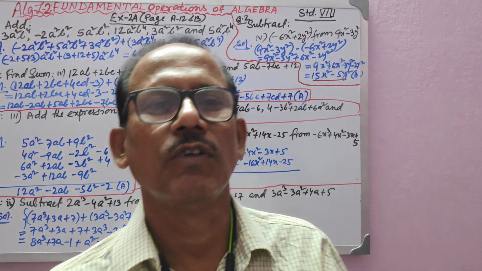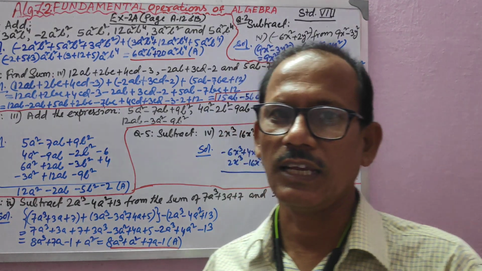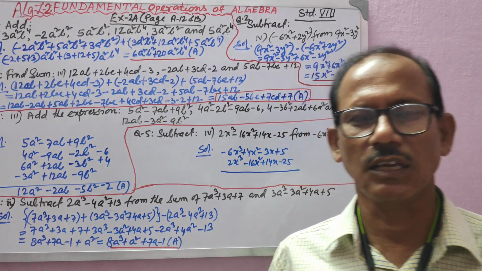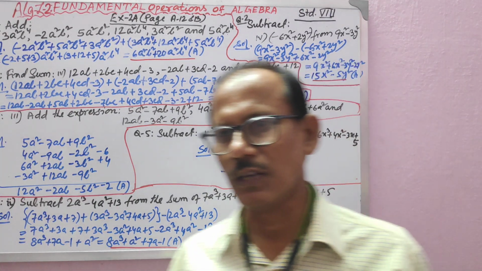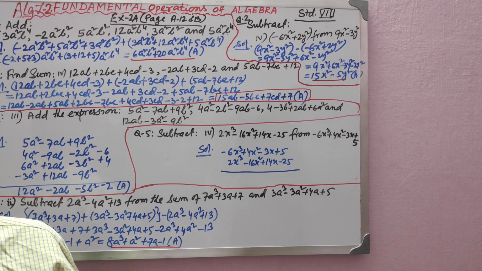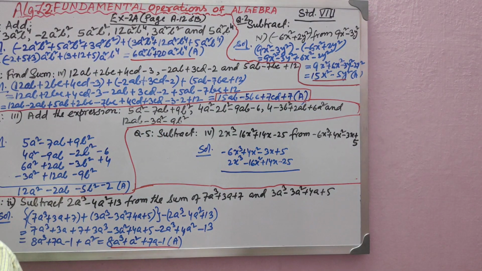Let me tell you, once you do the addition and subtraction, you need to find out the like terms. Like terms, you understand, in respect to their literal or variable coefficient. If the variable coefficients of two or more expressions are the same, they are considered like terms. So addition or subtraction, how will you do it?